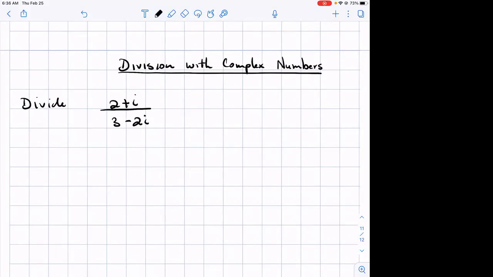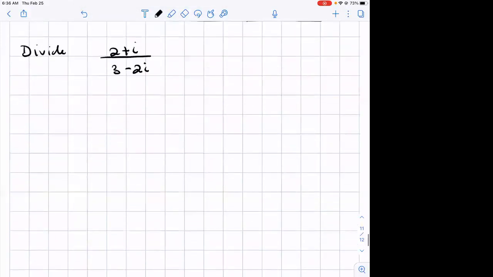So we want a complex number in standard form. And remember, standard form is a plus bi, where we write the real and the imaginary. So we need to eliminate i from the denominator. In this case, and you have seen this before, we multiply by the conjugate.